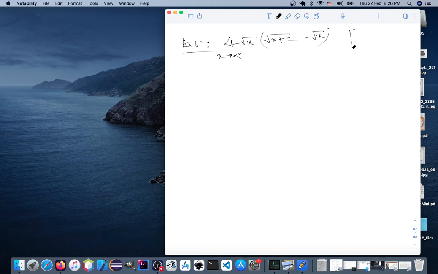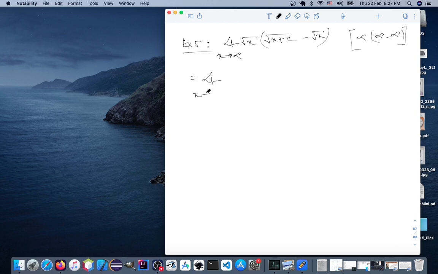So the form is actually infinity into infinity minus infinity. This is the form. Okay. So if we rationalize the second term, we will get x plus c minus x. So it will become c. So let's see what happens.